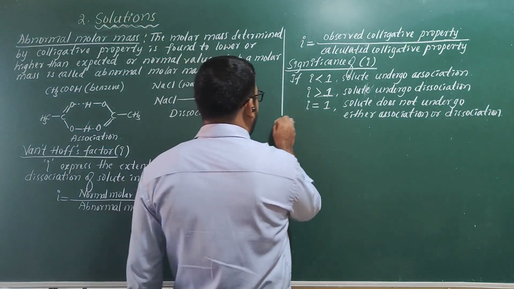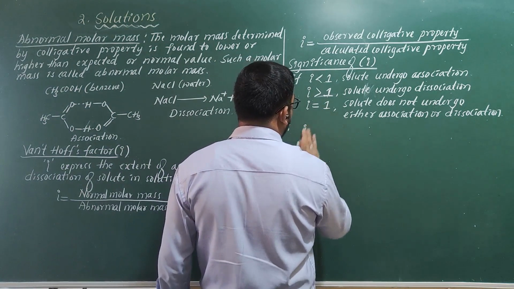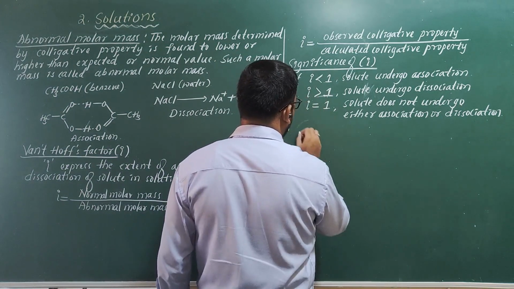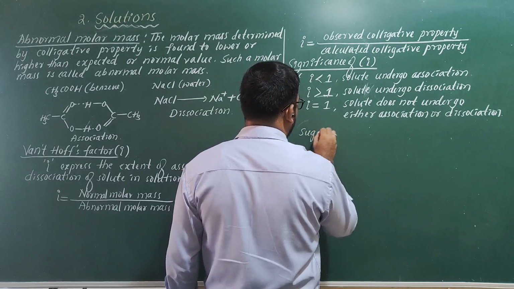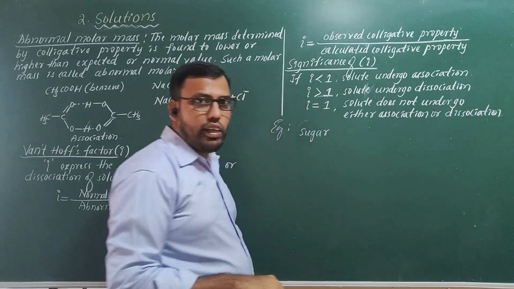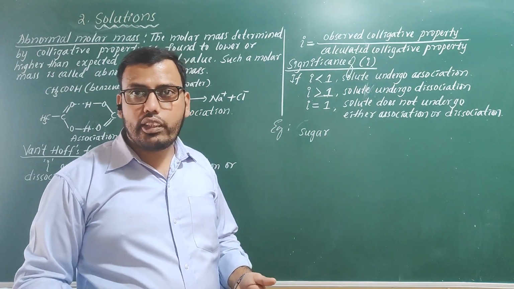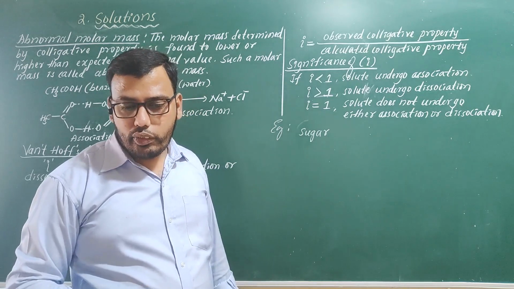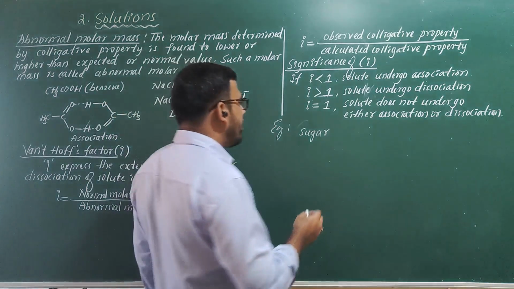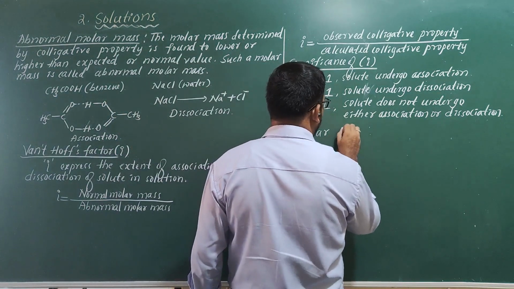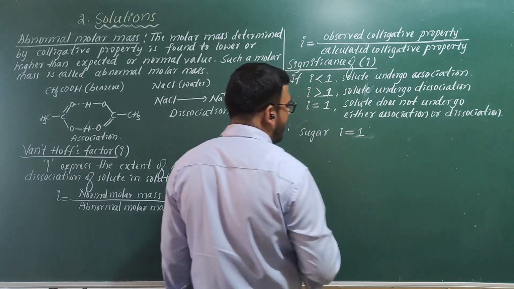Coming to examples, take the i value for sugar, C12H22O11. It is not going to either dissociate or associate. That's why for sugar or glucose, the i value is 1.